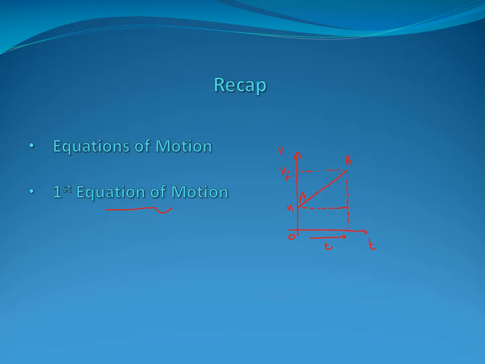If I complete this graph, here is the initial velocity, and the final velocity goes up to this point. This distance is actually Vf minus Vi, and this is the time.